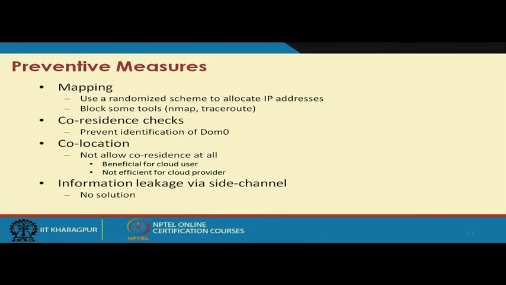It is not only that you create a covert path like that; you judge different other parameters, like looking at the cache behavior or the cache usage pattern, trying to see what sort of activities are going on.